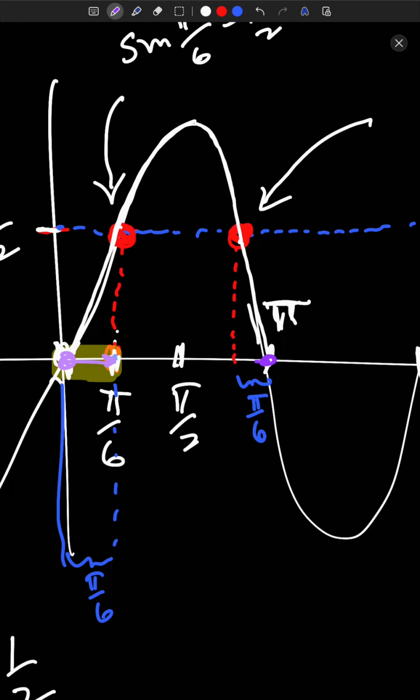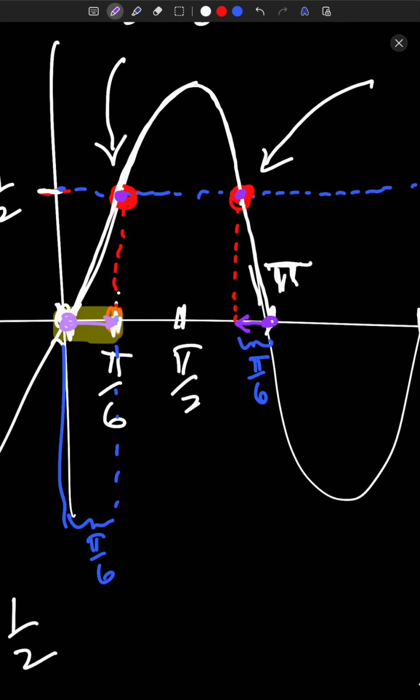So when I move from here to here, the same distance, then this height should be the same as that height. This is the critical kind of reasoning that we need for this section. So what exactly is this? What point is this? Well, it's a distance of pi over 6 from the position pi, because this point right there is pi. So it's to the left of pi.